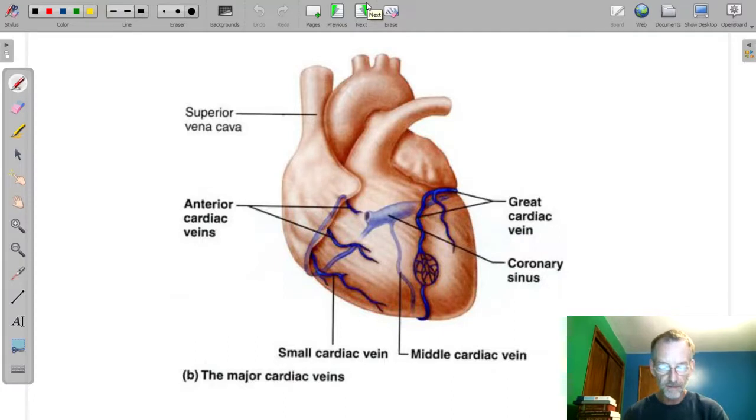Okay, next slide is a picture of the cardiac veins without the coronary arteries next to them. This is an anterior view. So again, you have the apex and the sulcus between the two is more or less here.